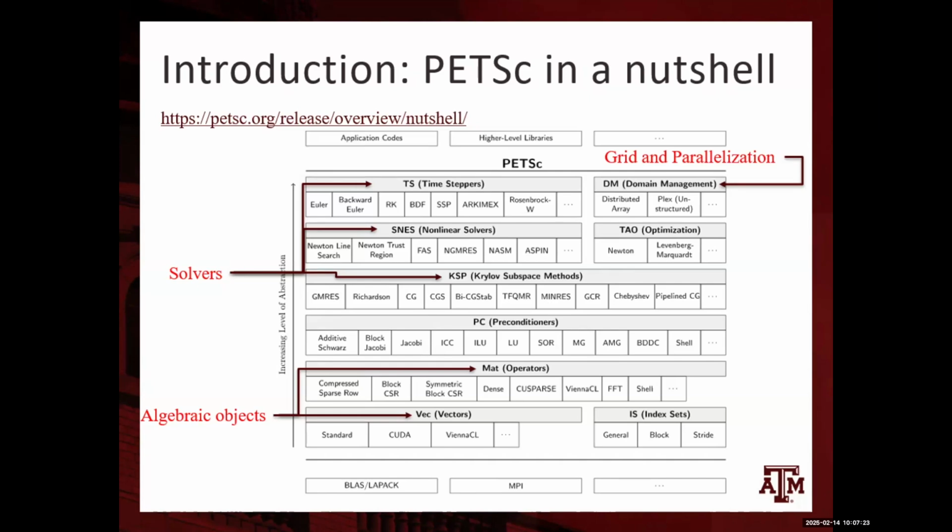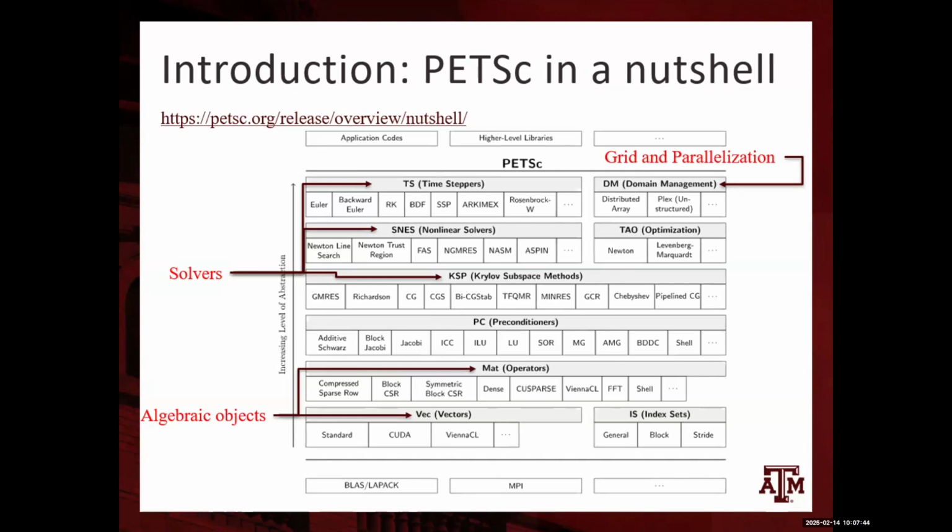So for example, the DM part, call it domain management. It's kind of like an object that helps you generate the grid.